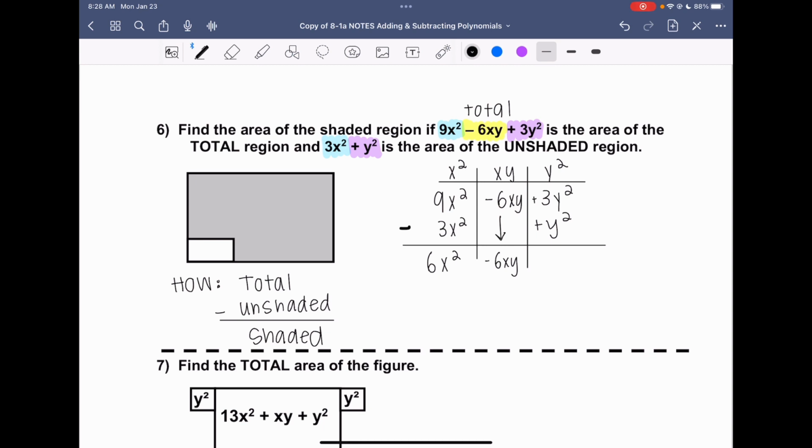So it's going to be a 2y squared. So I think on the notes I put a negative. That shouldn't be a negative, that should be a positive. So if y'all want to change that to a positive. Okay, but that is the answer of the shaded region.